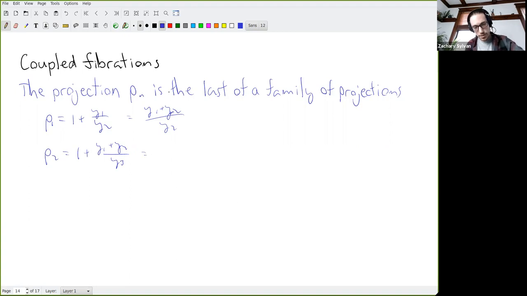And so, of course, that's just y1 plus y2 plus y3 over y3. And so we keep writing all of these. Rho n is 1 plus y1 plus up to yn. And what are we dividing by? Well, we're dividing by 1, but I'm going to pretend that that's like y_(n+1) equals 1.